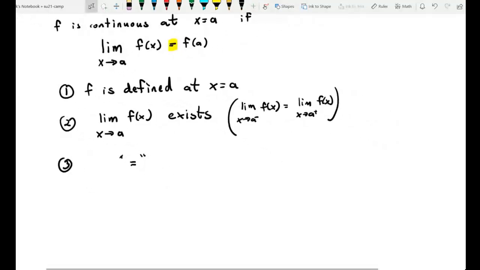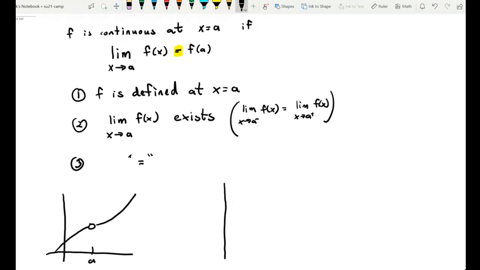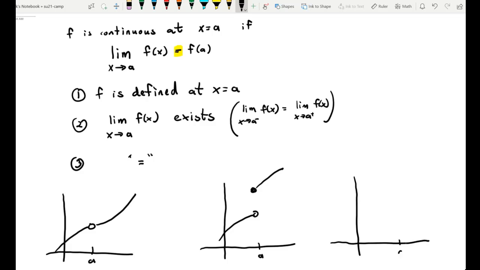I could draw three graphs of three functions, all of which are discontinuous at a, and you should be able to tell me the reason. So here's the first function's graph, the second function's graph, and the third function's graph.